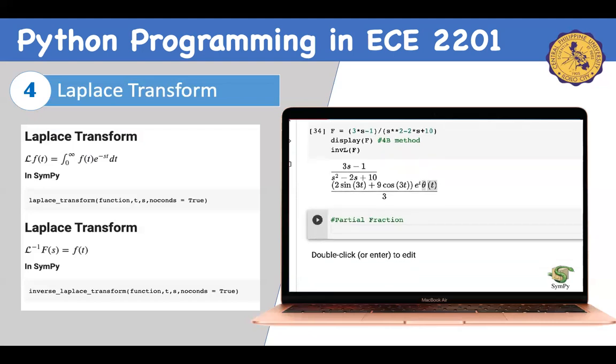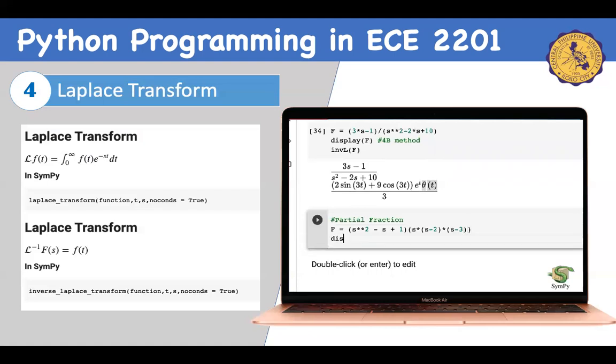Now we go to partial fractions. So let's have a fraction here, and then we will resolve the fraction using partial fractions. I have here s squared minus s plus 1, and then the denominator s times s minus 2 times s minus 3.